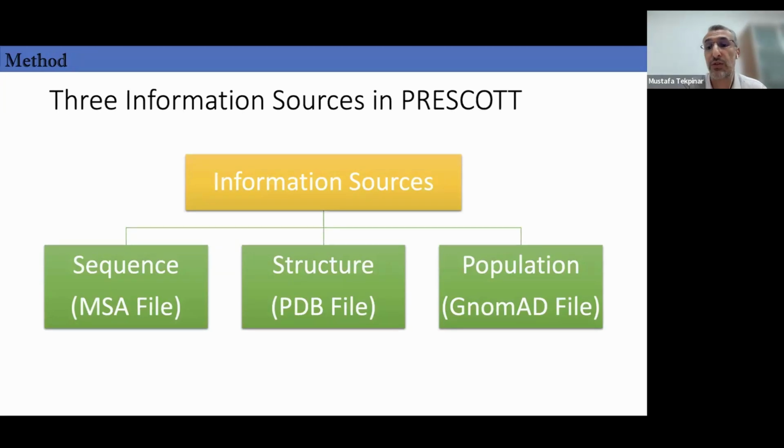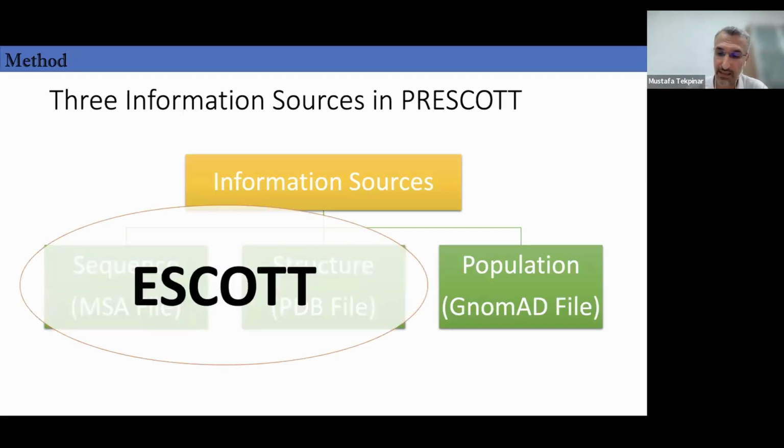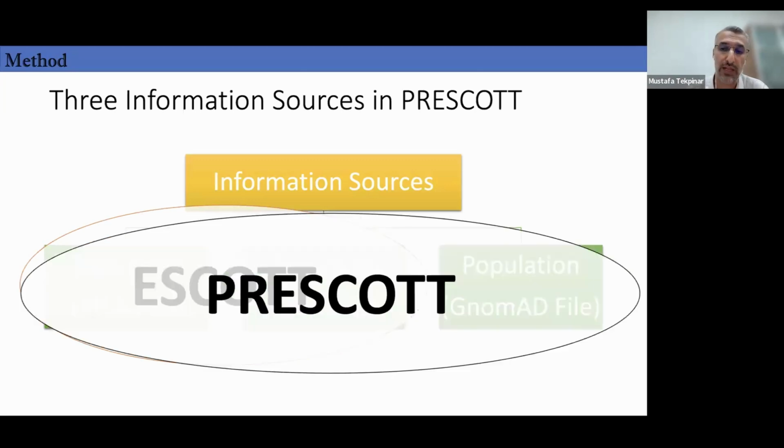And the third source of information comes from population. In our case, the source of population information was gnomAD. If we use sequence and structure only, we call our method PRESCOTT. But if we incorporate population information, we call our method PRESCOTT.